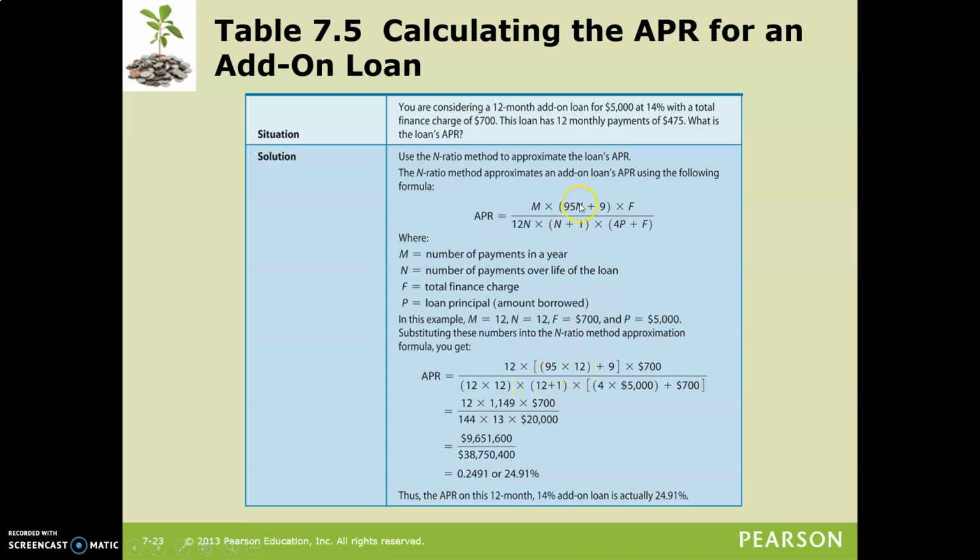N is 12 months plus 9, times 700, over 12 times 12 plus 1, times 4 times 5,000 plus 700 finance charges. So sum it up, your APR for this 12 months is 24.91. The 14% add-on loan is actually a 24.91% annual percentage rate.